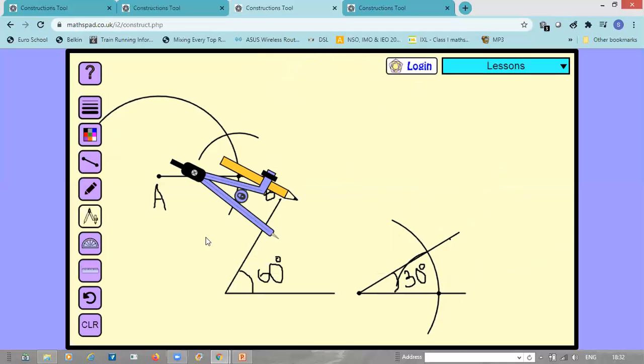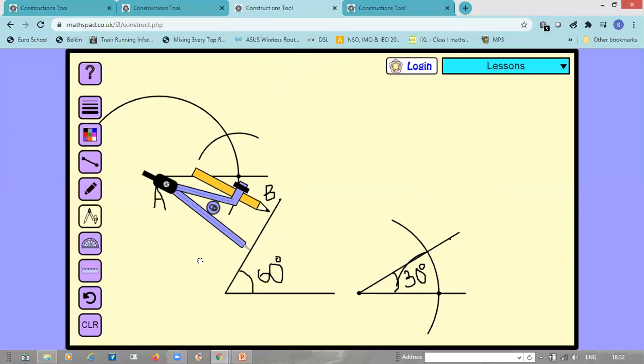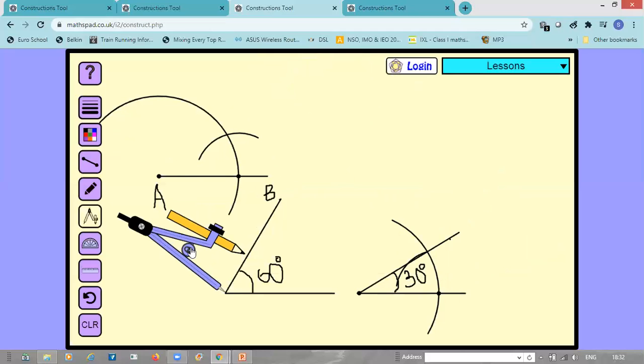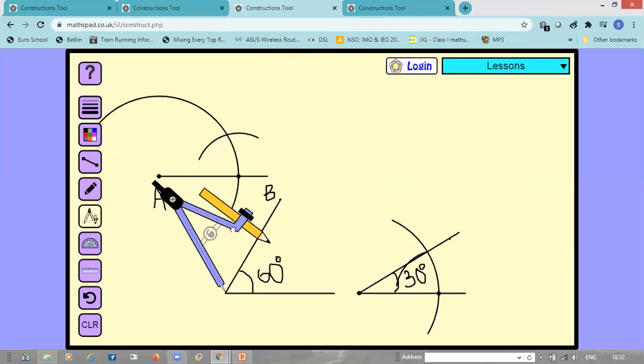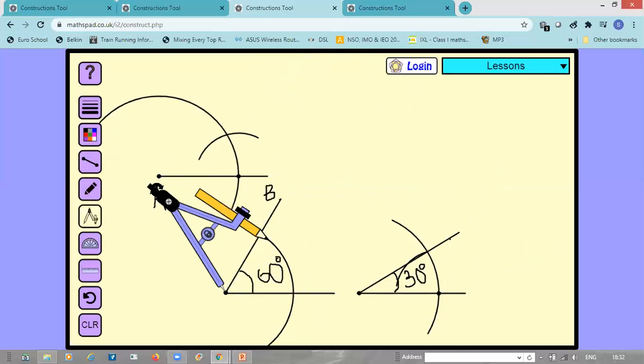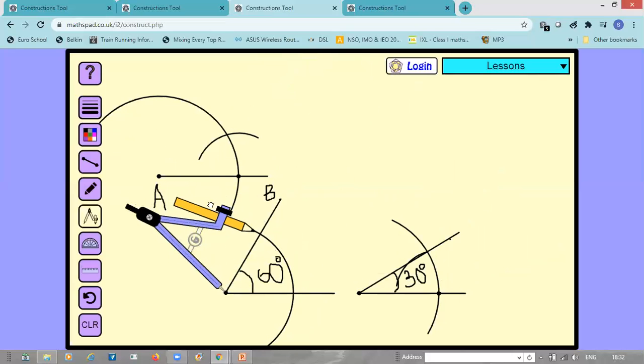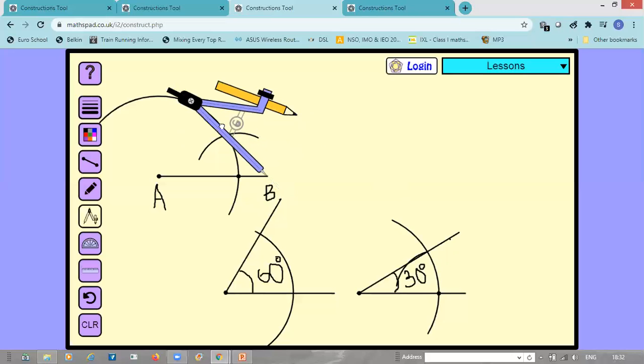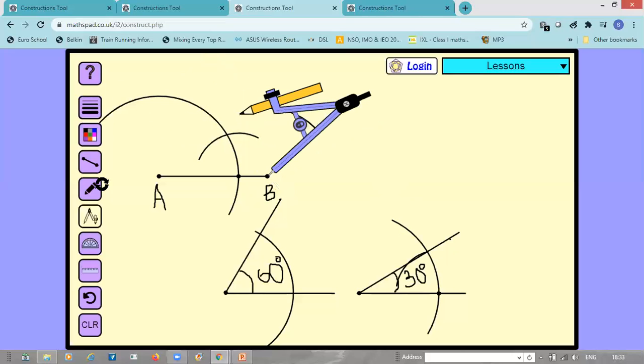Now it's time for the 60 degrees. Now do the same here as well. Now here, I'm just warning you that you don't have to take a compulsory radius.